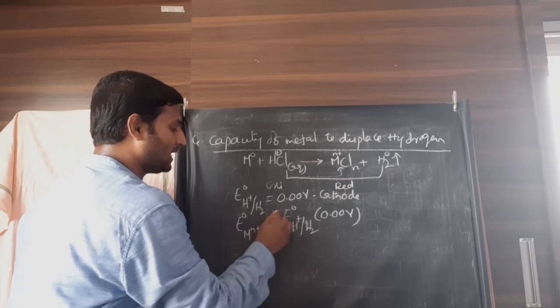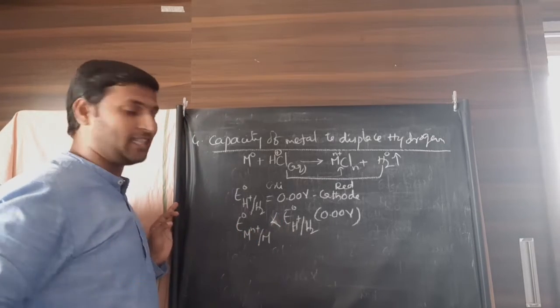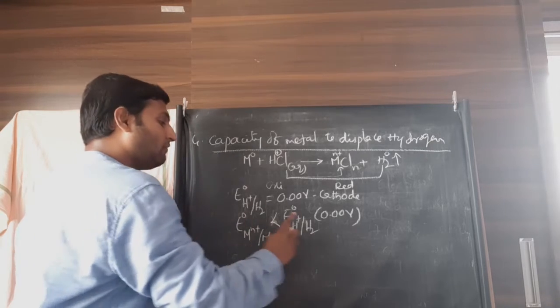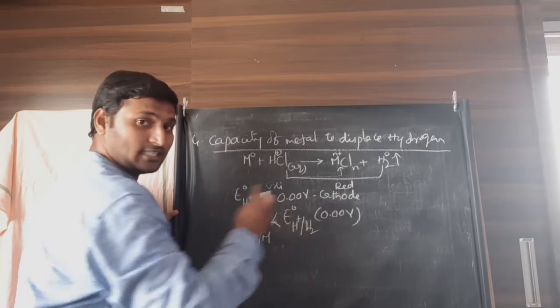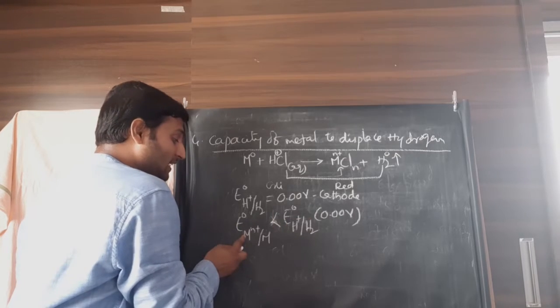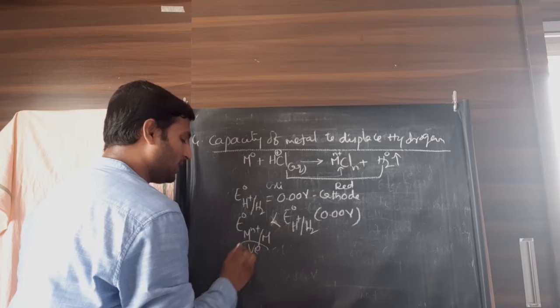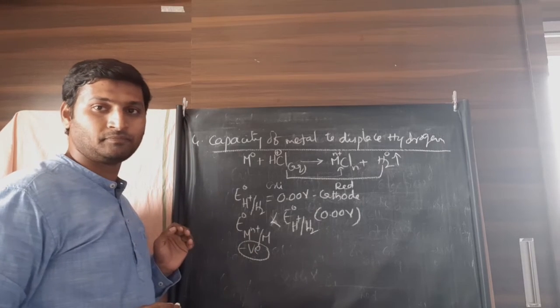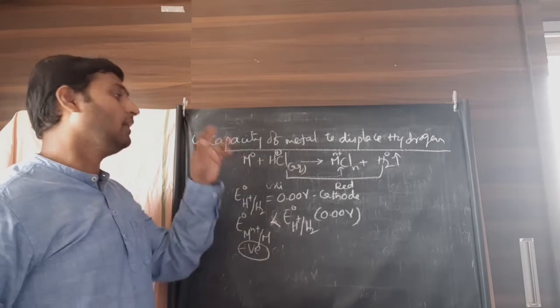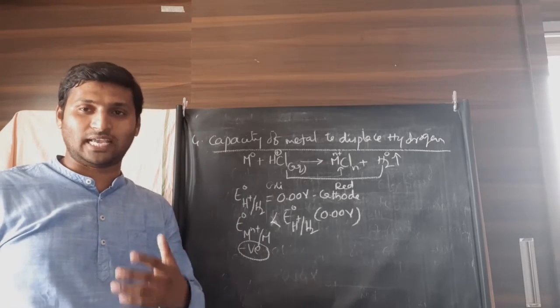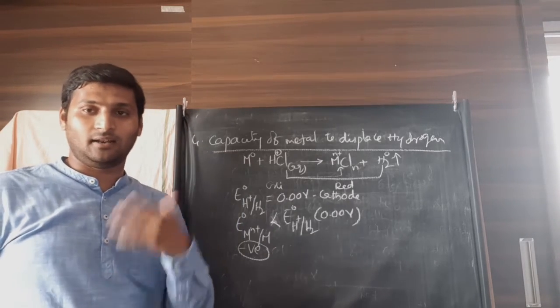E naught H plus/H2 must be greater than E naught Mn plus/M. And we already know H plus/H2 is 0 volts. That means this must be lesser than 0 volts, so it must have negative potential. You know very well the elements like sodium, magnesium, zinc, aluminium, iron, lead.